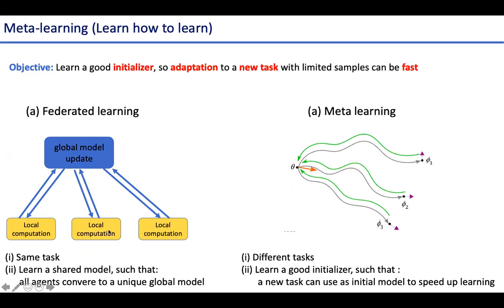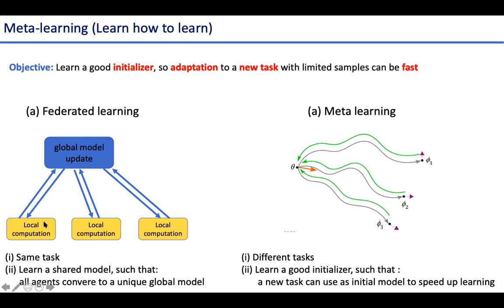So by now we are familiar with federated learning. In federated learning, there would be a number of agents, and they are trying to learn a global model. At every iteration, the parameter server will share the current copy of the model with all of the workers or agents.